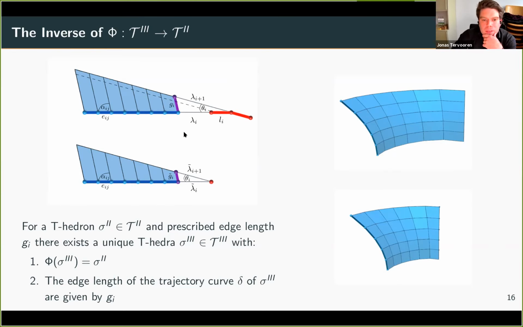And so if we prescribe the edge length of a trajectory curve, given here in purple, then we can reconstruct the prism by computing its edge length. If we have a T-hedron of type 2, then we construct accordingly a T-hedron of type 3 that has the same angles, after we prescribed the edge length of the trajectory curve.